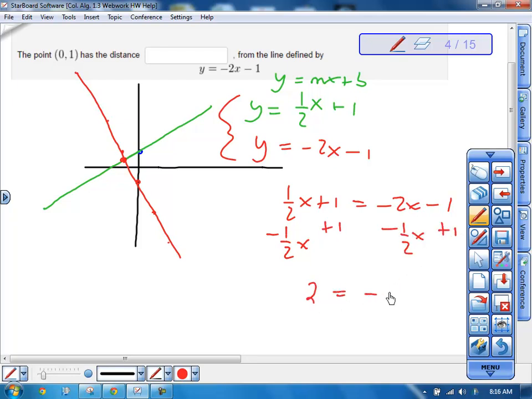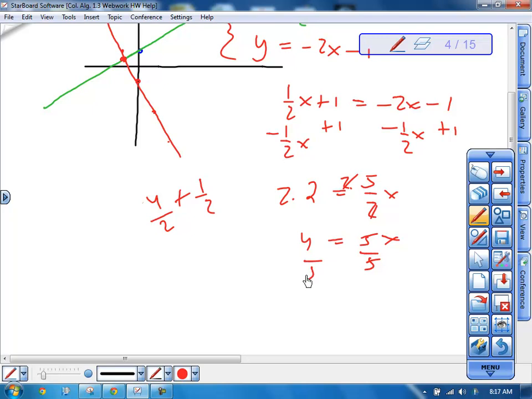That's 2 equals -2.5x, or 2 plus 1/2 would be, let's see, over 2, so 4 over 2 would be 5 over 2, obviously. 5 over 2 x. Multiply both sides by 2. And you get 4 equals 5x, and then divide both sides by 5. So x equals 4/5 is the x coordinate.